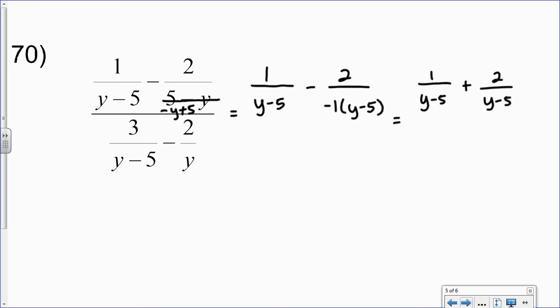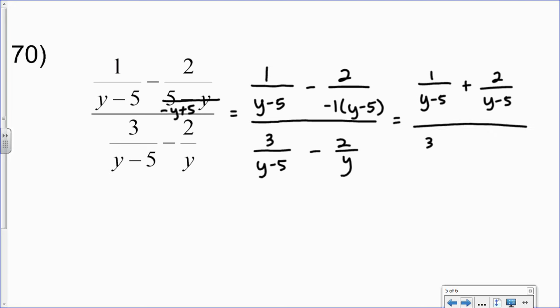I took those two negatives and made a positive. And then I have a common denominator in the top. So then I have 3 over y minus 5 minus 2 over y. 3 over, just copying that down.